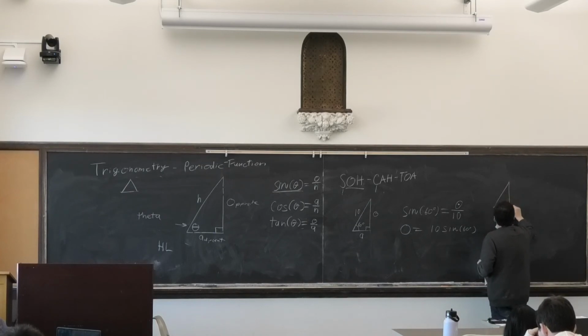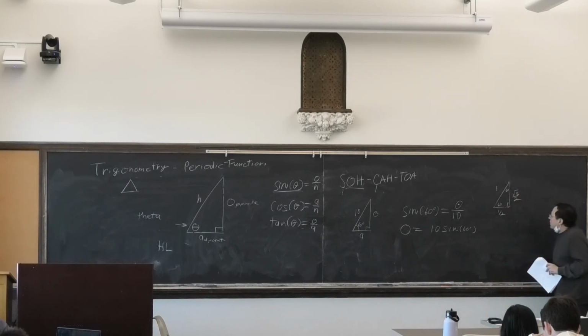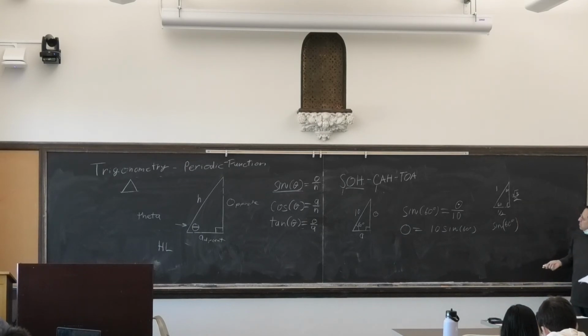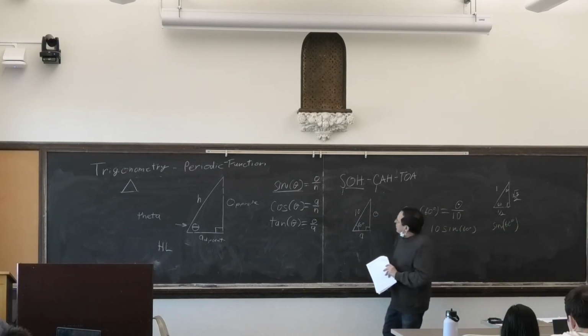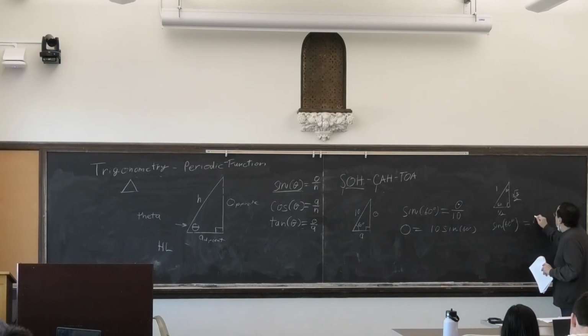So if you have a 30, 60, 90 triangle, if the hypotenuse is 1, the shorter leg is a half, and the other leg is square root of 3 over 2. So what's the sine of 60 degrees? Just the opposite over the hypotenuse, so it's square root of 3 over 2.